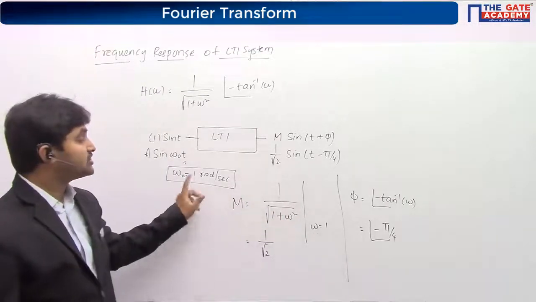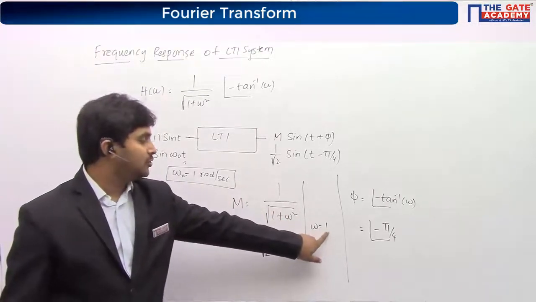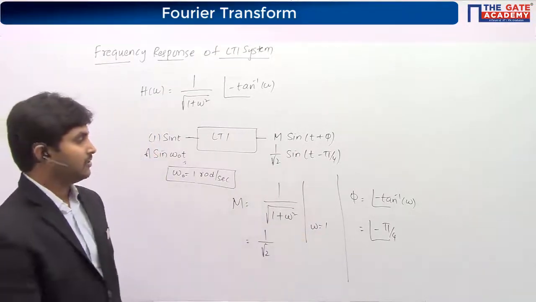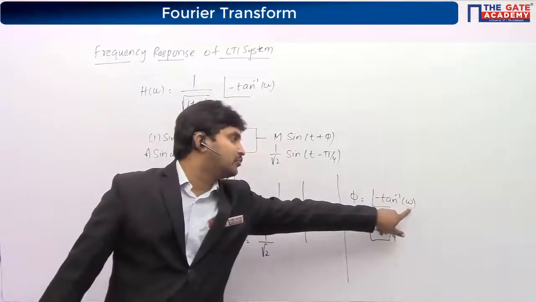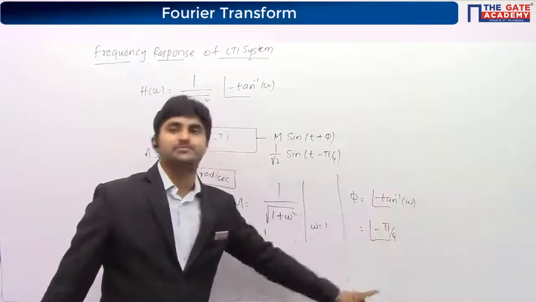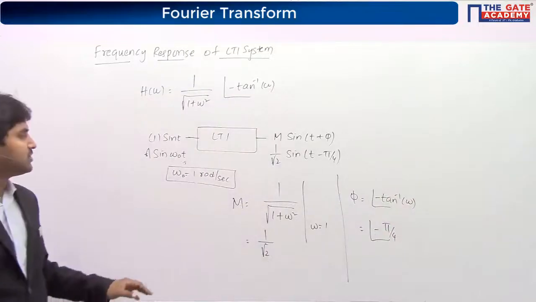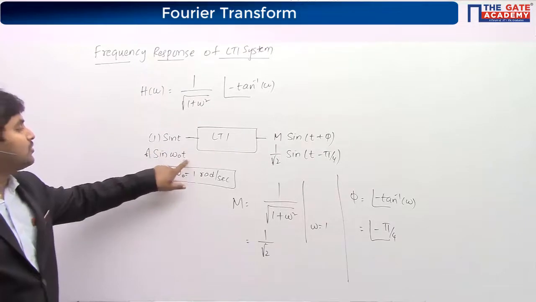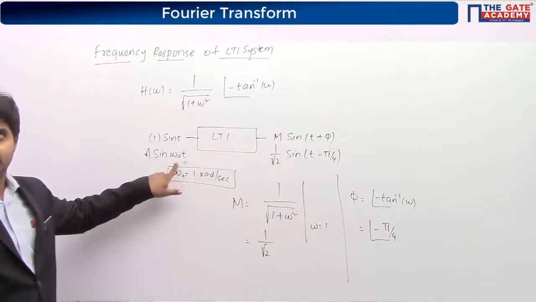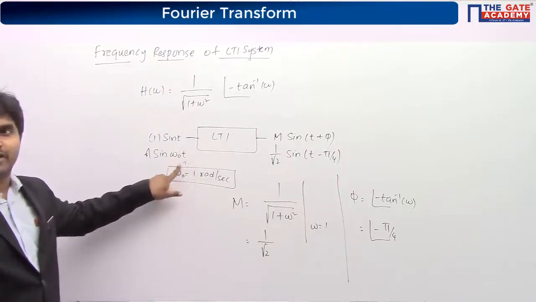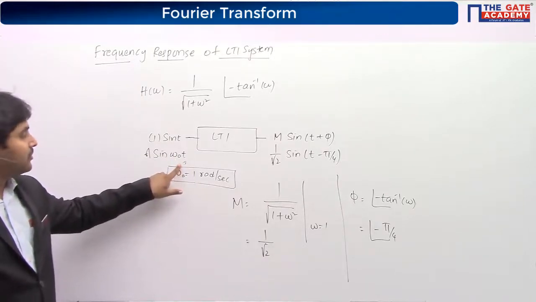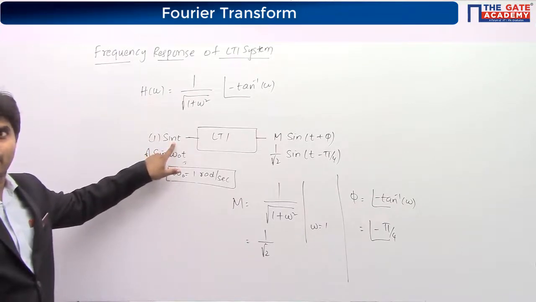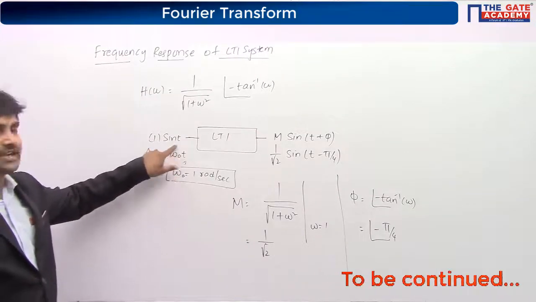If you substitute, it's going to be 1 by root 2. Same here also, I am substituting omega equal to 1. This becomes pi by 4, so minus pi by 4. See how omega naught is equal to 1? When you write sine omega naught t, omega naught is the angular frequency. Now what is the value of omega naught here? If nothing is there, then we can consider it as 1, yes or no? If nothing is present here, can I not consider it as 1?